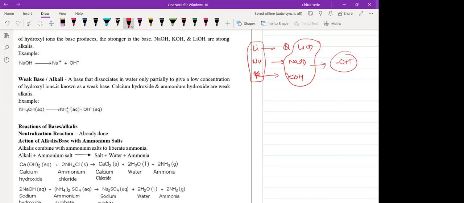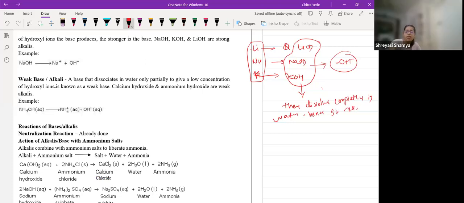That's why they are called alkali, because they dissolve completely in water. Hence they are called alkali.